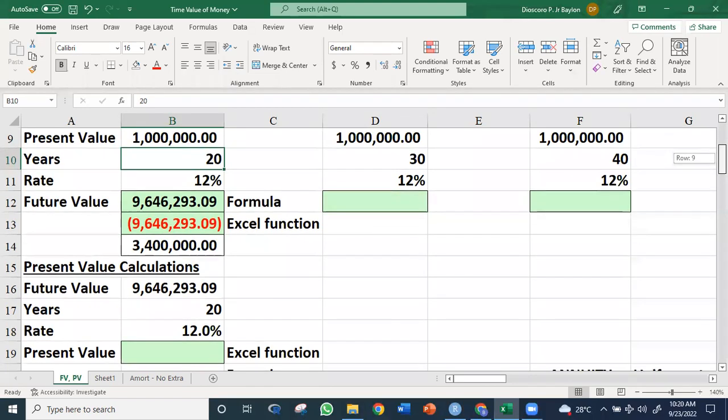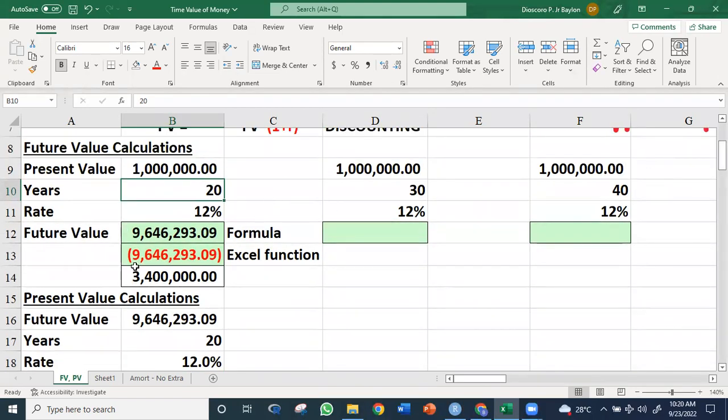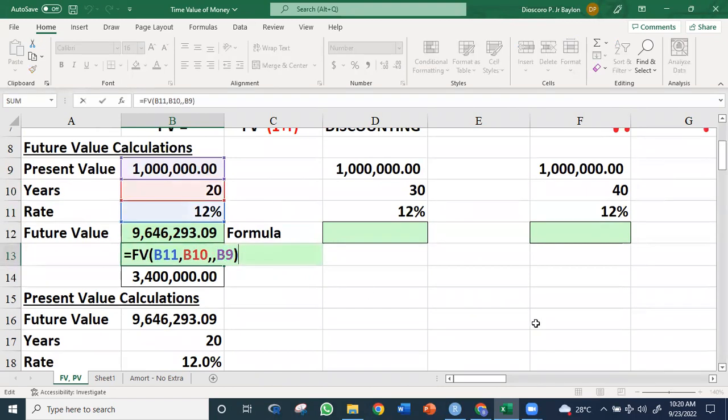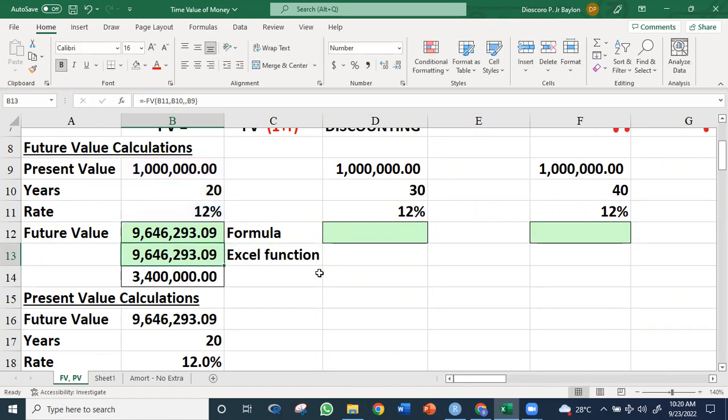Now, if you feel bothered with this because it gets confusing, and let's suppose we're not really interested to know if it's a loan or an investment, we just want to know the value. So what you can do is just put a negative sign here in front, and that will take care of the negative sign. Okay, all right, so it's positive now.